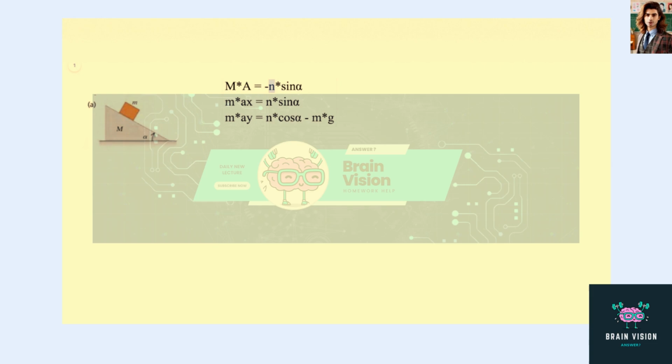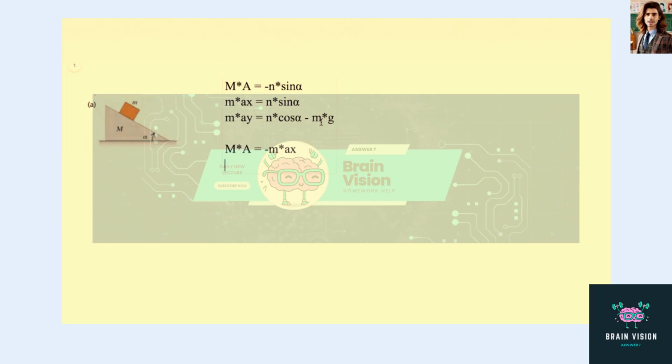So one thing that we can do is take a look at these two equations. Like I said, N sine of alpha, this is negative the second equation. So using these first two equations, we can say that big M times A is negative little m times ax.